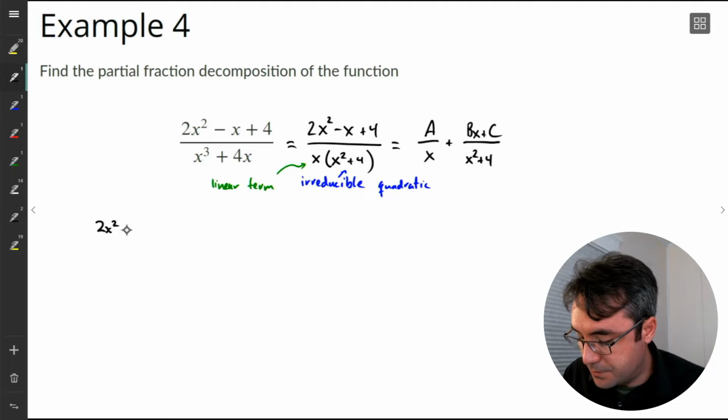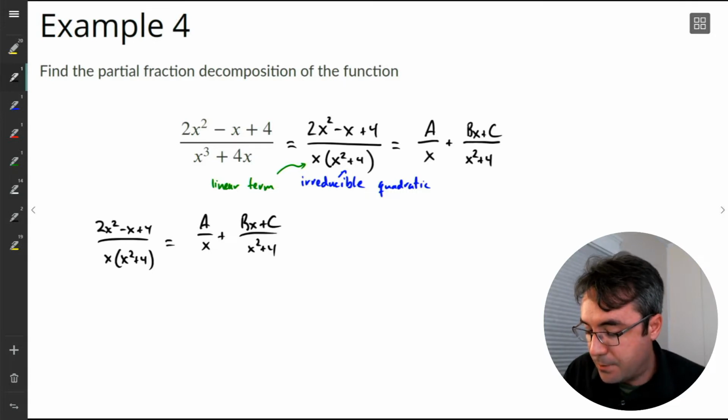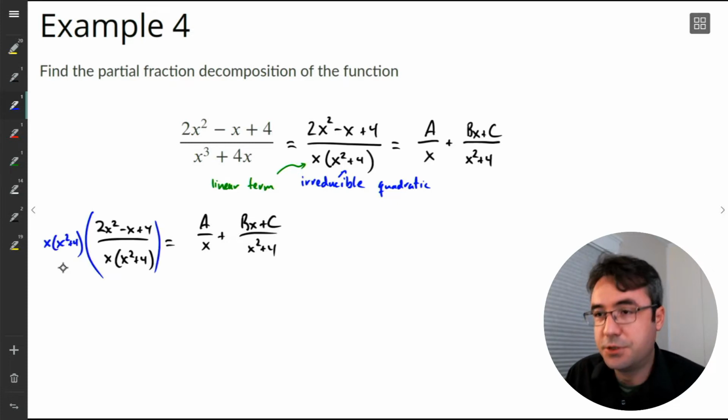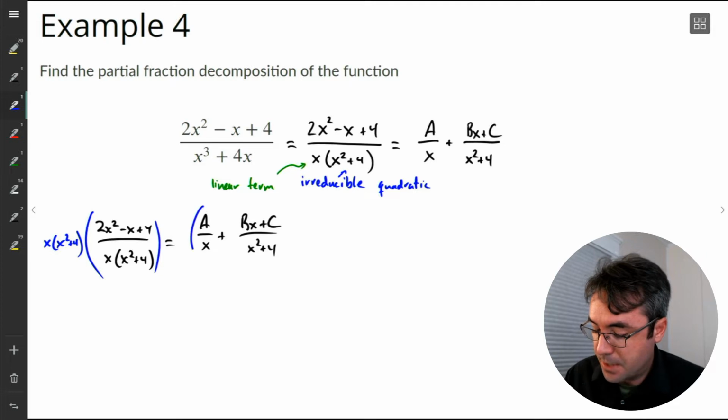We have 2x squared minus x plus 4 over x times x squared plus 4 is equal to A over x plus Bx plus C over x squared plus 4. And we're going to multiply both sides of this equation by our denominator. It's usually helpful to use the factored version of your denominator because you can see where all the cancellation is going to happen. Same thing on the right.